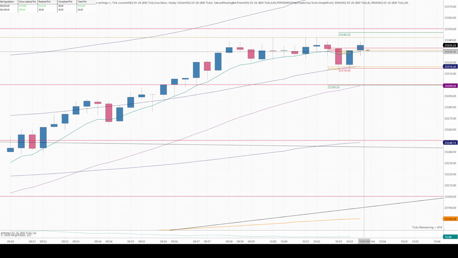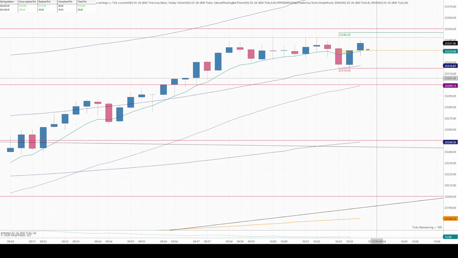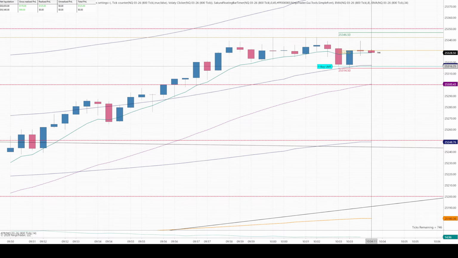I could try to take it at this EMA. Or I could see if it wants to come down to the standard deviation level. I'm probably going to lean more towards the standard deviation level. What is the 2340 line? Up here, this is the golden ruler.